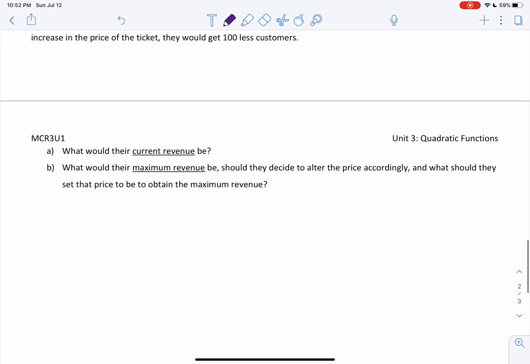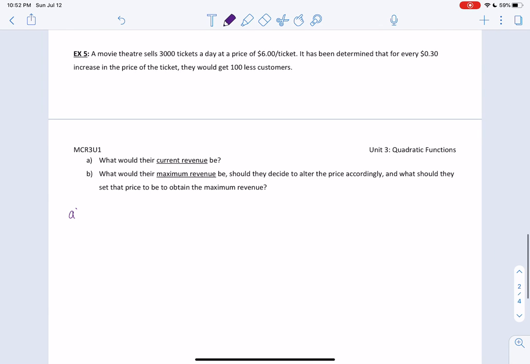So for A, they currently sell 3,000 tickets at $6 a ticket. So their current revenue is going to be equal to 3,000 times $6 a ticket. So their current revenue is $18,000.